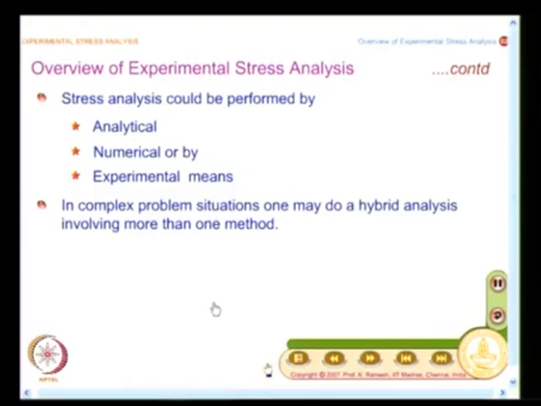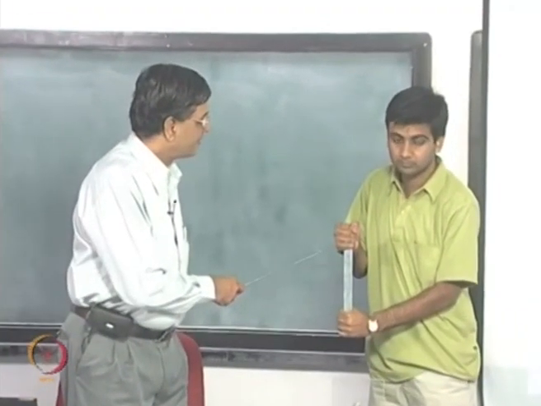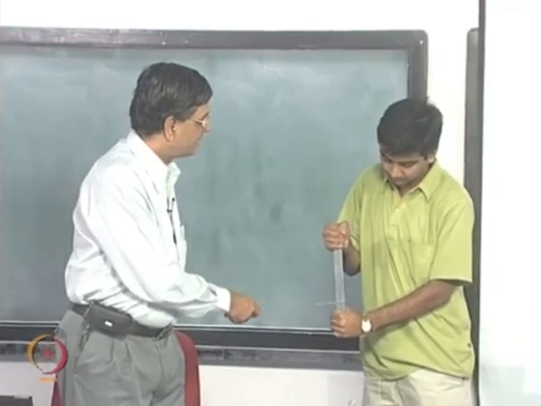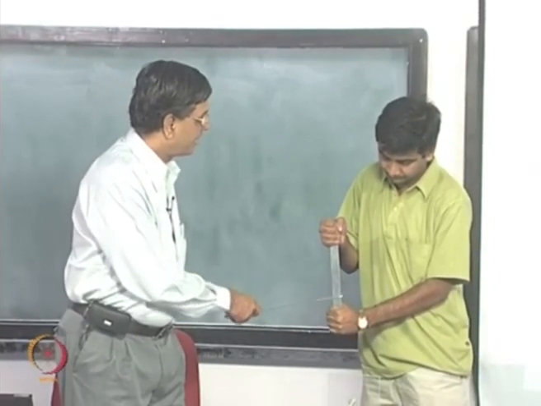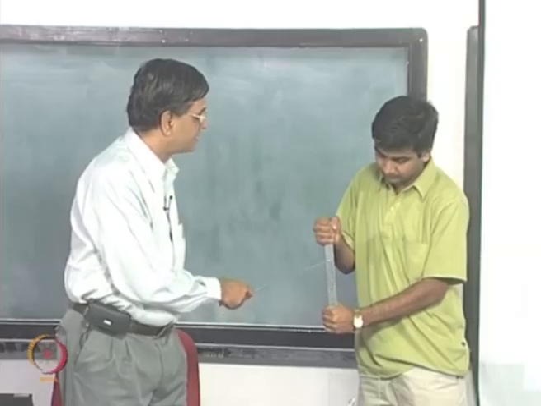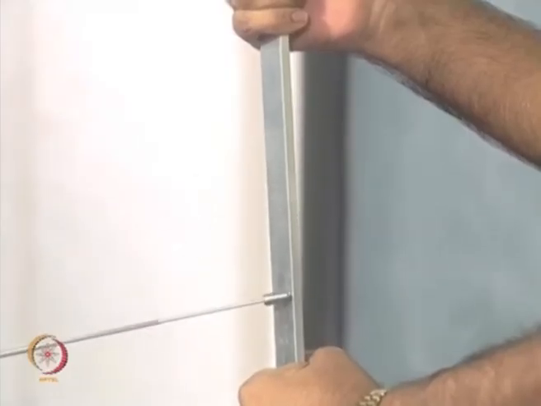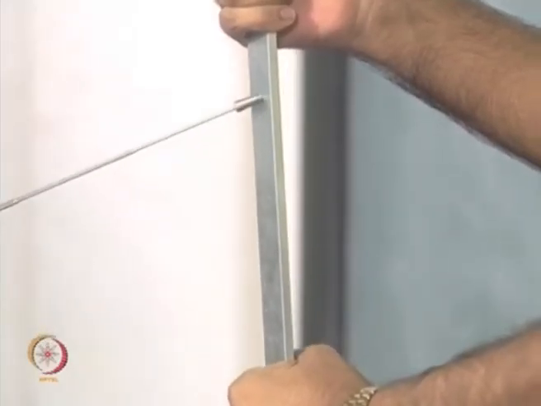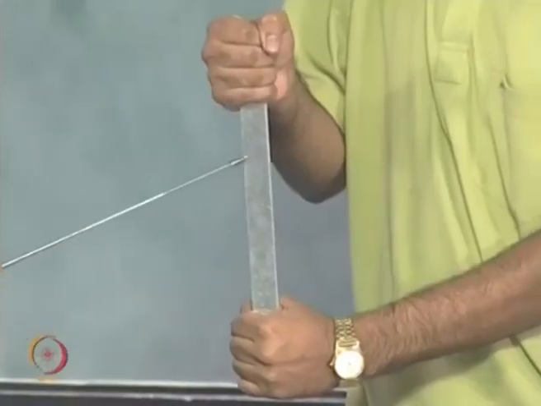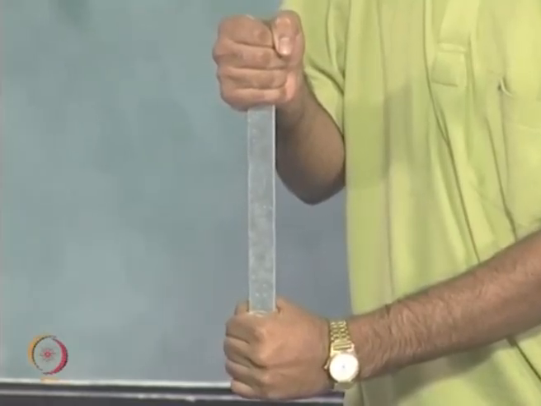For example, can I have one of the students come here and then show this model. And one of the simplest problems that is first taken in a course in strength of materials is a slender bar pulled in tension, and in this zone away from the grips, you all know that stress is constant and that is given by P by A. And what I emphasized yesterday was you evaluate only a component and you have to learn that you have to put it in a 3 by 3 matrix and put the relevant zeros and understand this as a stress tensor, not just as a stress component.